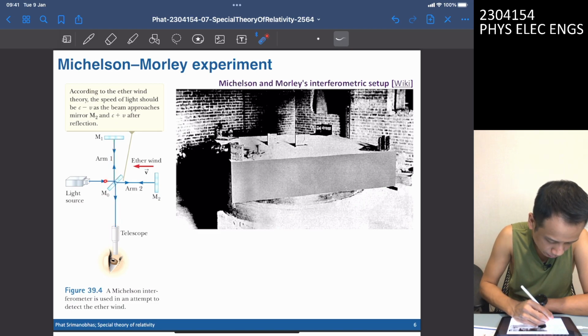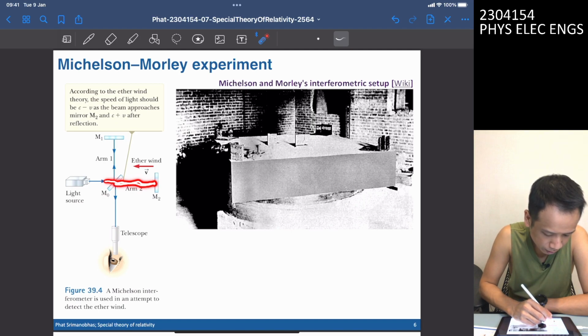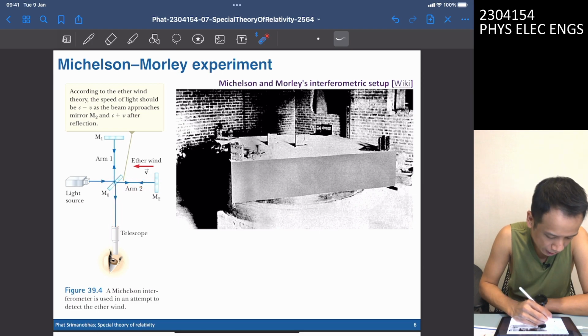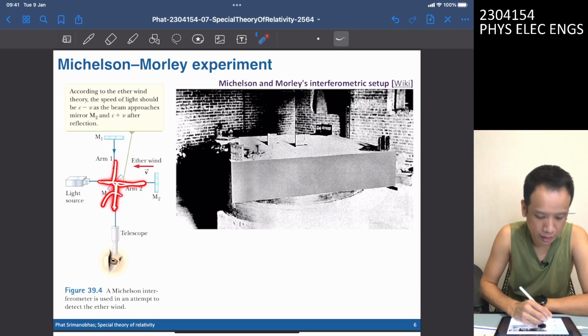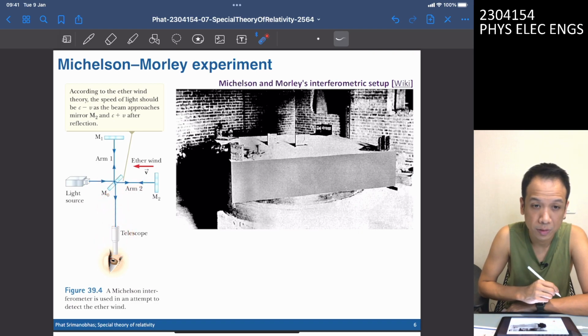The second beam is first refracted, goes out from the mirror following the arm 2 path, goes back, and reflects to the telescope. So the light from arm 1 and the light from arm 2 sum up to each other, and they make the interference pattern at the telescope.